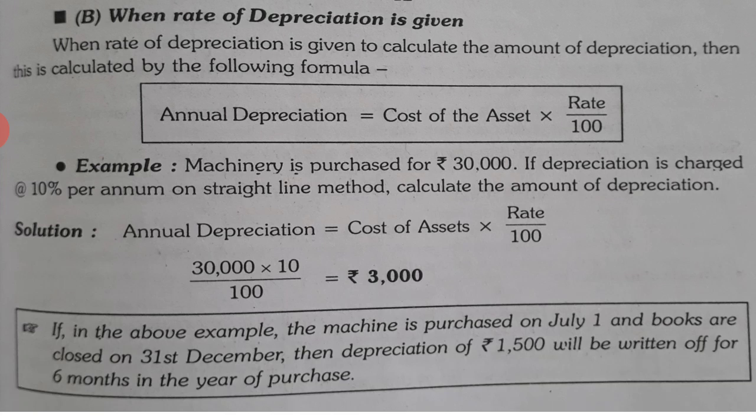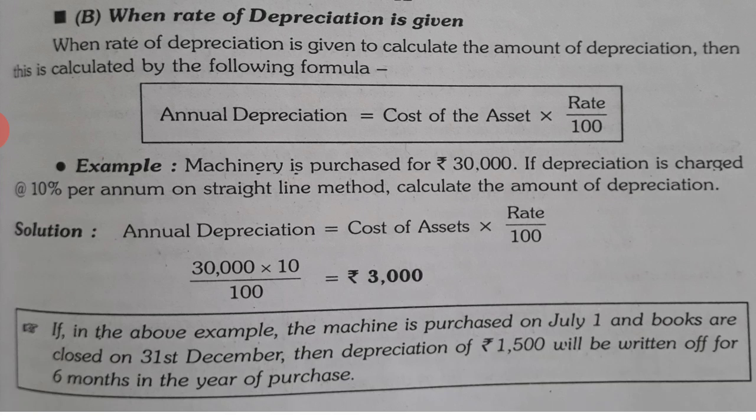But you just note it down that when the machine is not in use for the whole year, then you will have to amend this formula in such a way. You can write after hearing me: cost of asset sold multiply rate upon 100 multiply number of months upon 12.